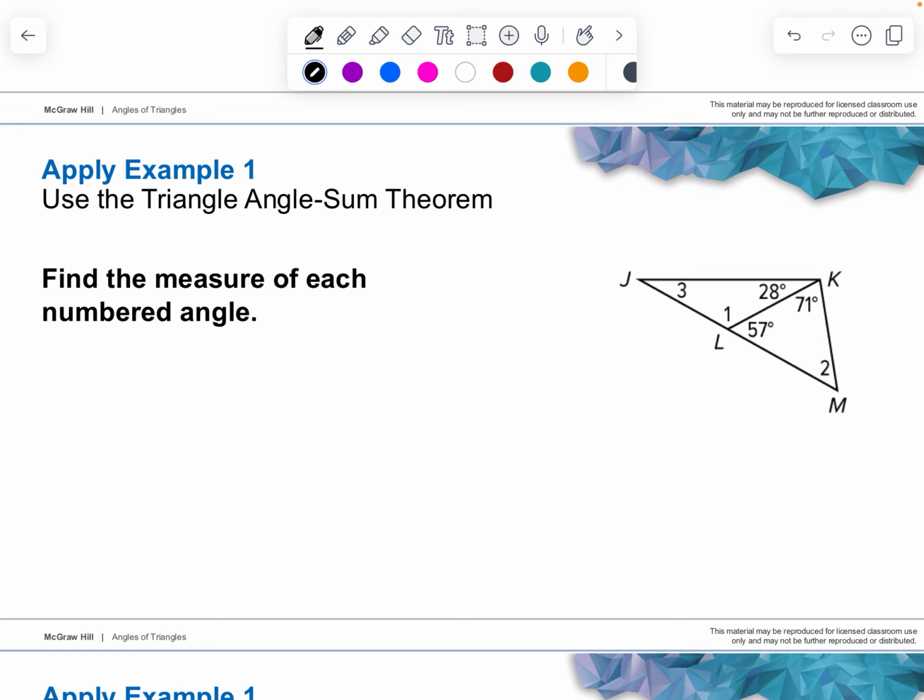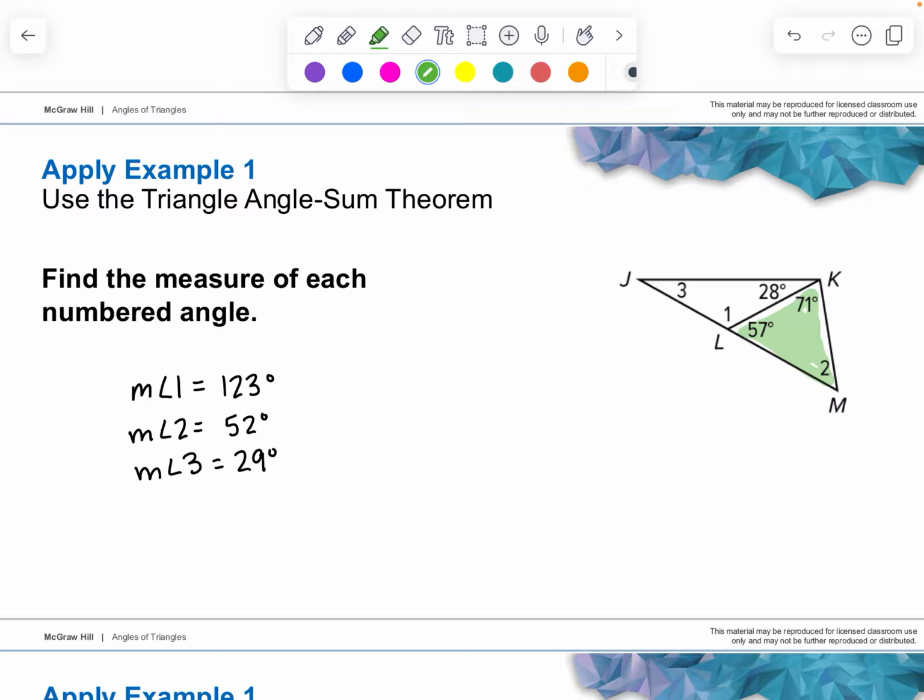All right. Now, did you find that the measure of angle 1 is 123 degrees? The measure of angle 2 is 52 degrees, and that the measure of angle 3 is 29 degrees? I hope so. Should have found that these 3 add to 180.